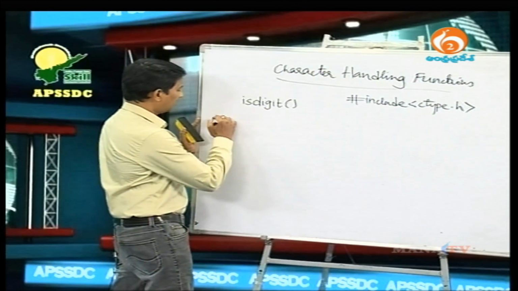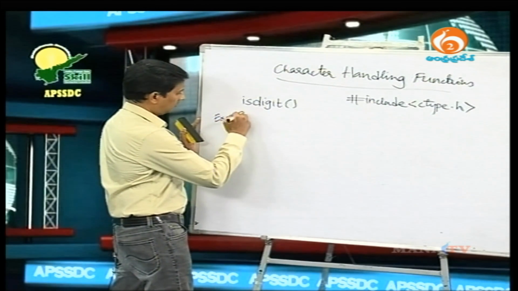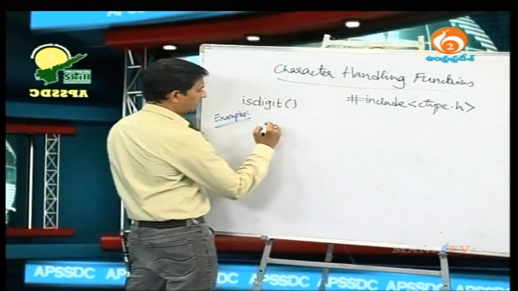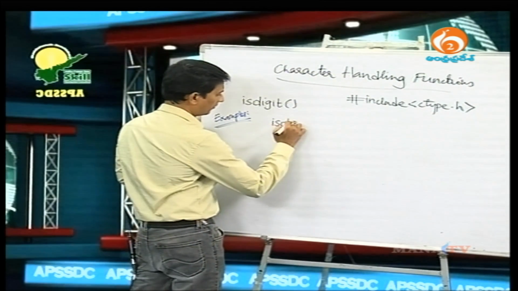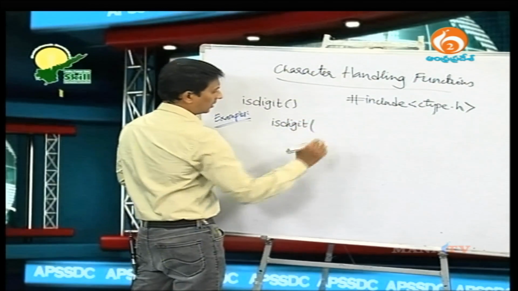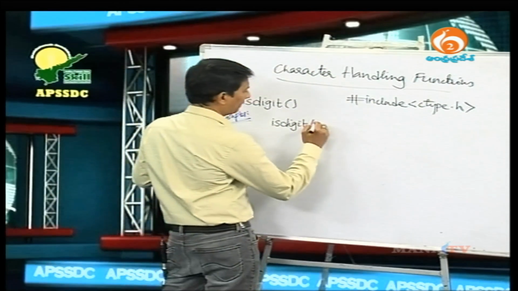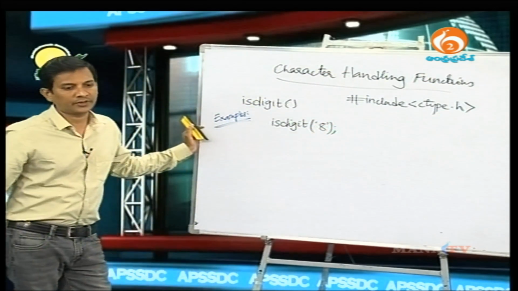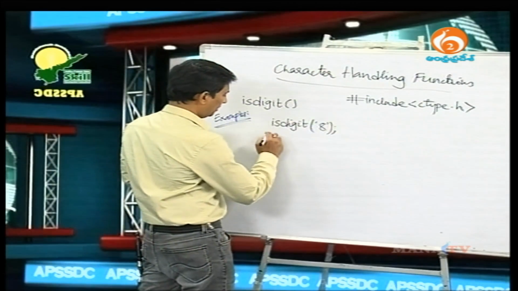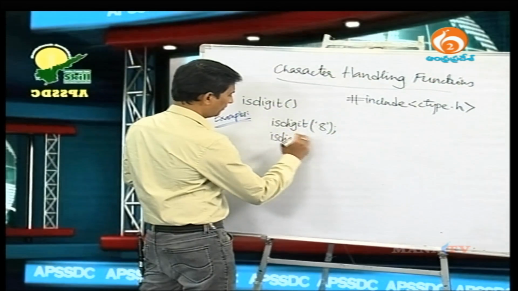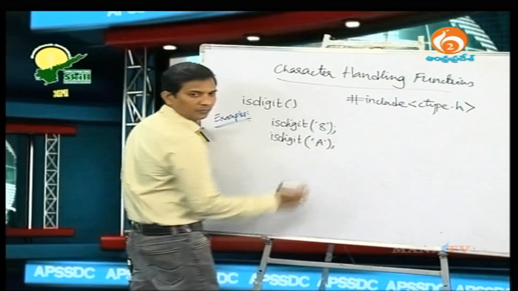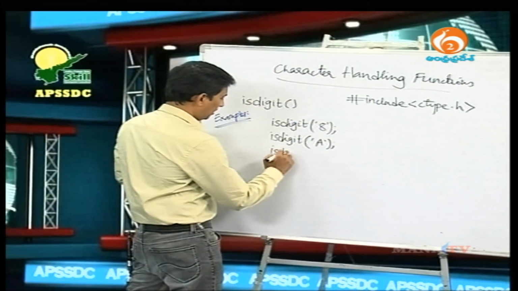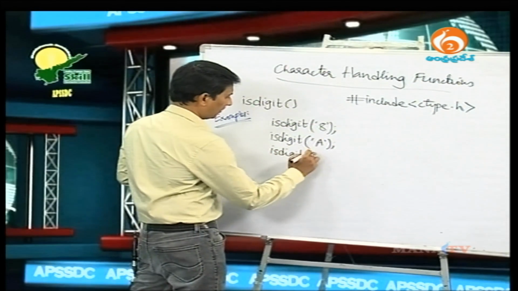Examples: isdigit of 8, isdigit of 'A', isdigit of 9.